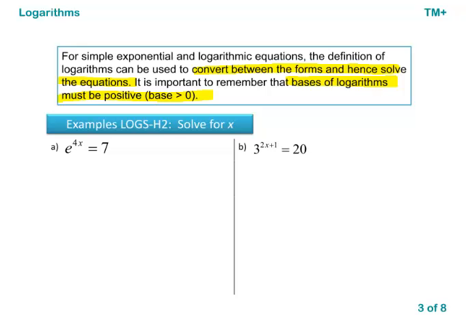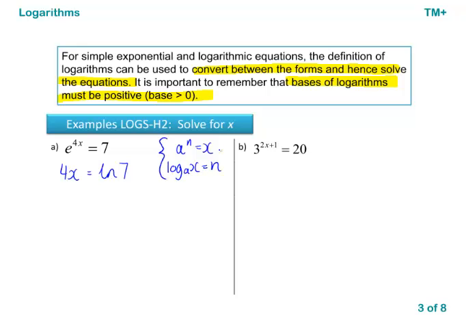Here we have solve for x. So e to the 4x equals 7. Now if I rearrange this and rewrite it as a log, I get 4x equals ln of 7. That's just using our rearranging of a log law, remembering that when a to the n equals x, then log a of x equals n.